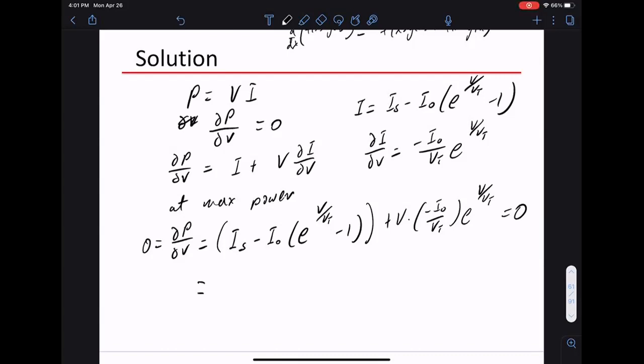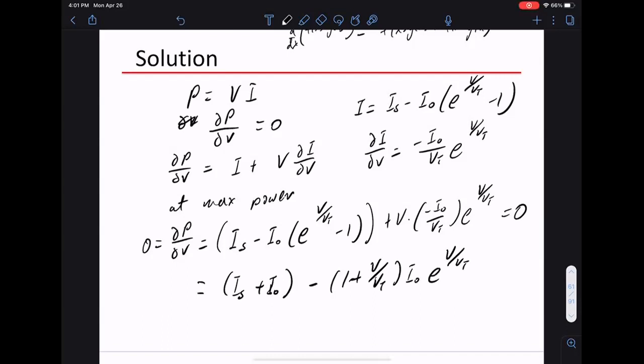If you collect terms, this is I_S plus I_0, minus (1 plus V over V_T) I_0 e^(V/V_T). If you collect terms, you have this equation.